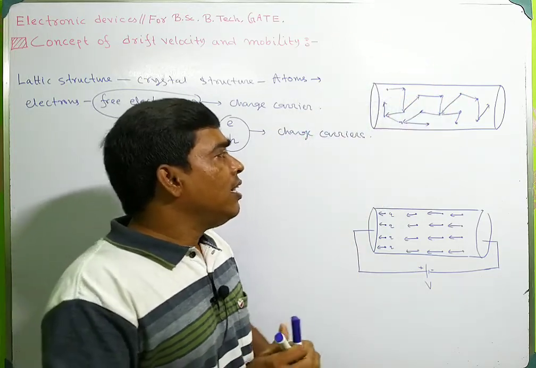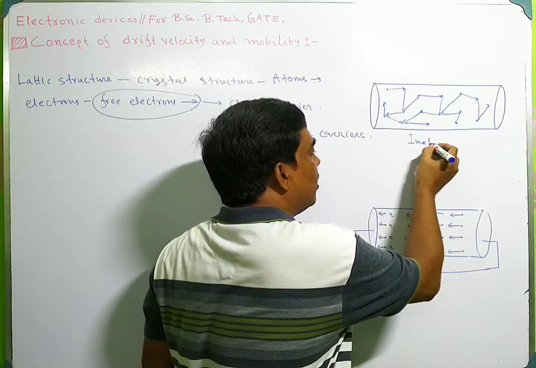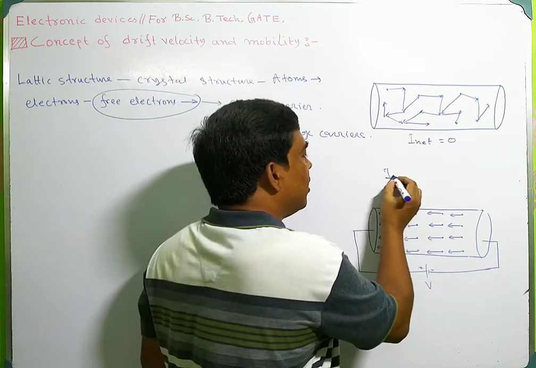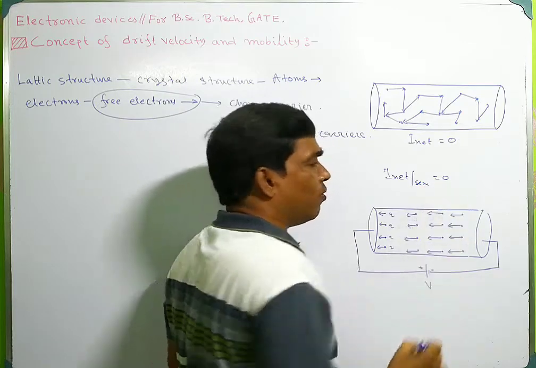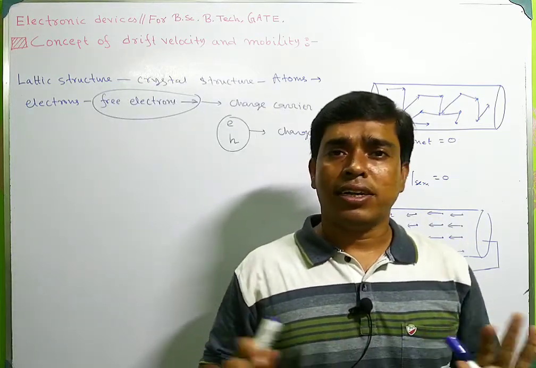That's why the net current in the conductor is 0 and the net current in the semiconductor is also 0, because of the random movement of the charge carriers.